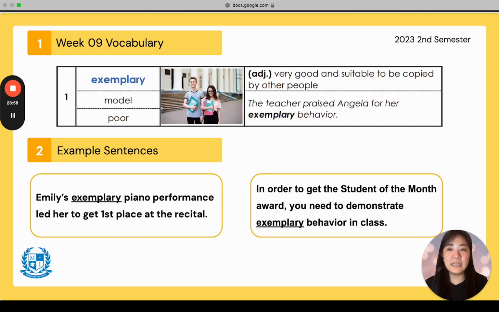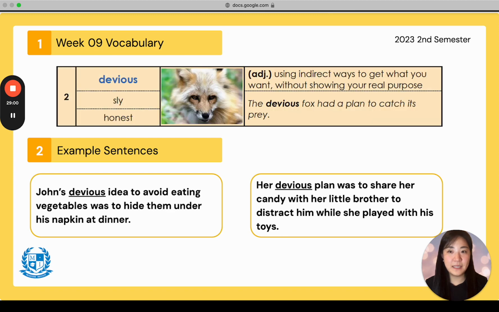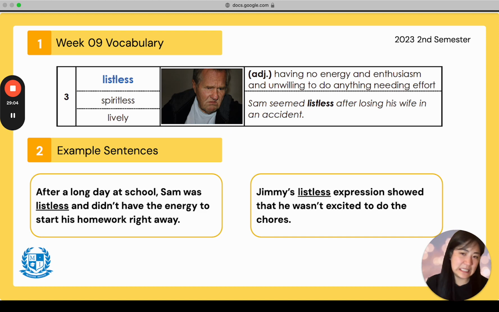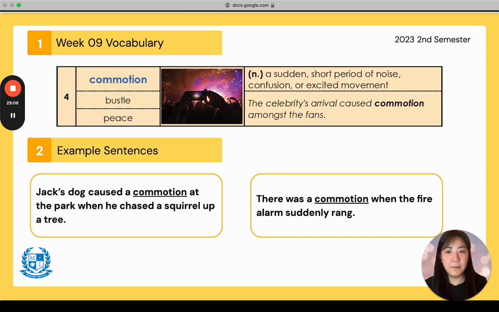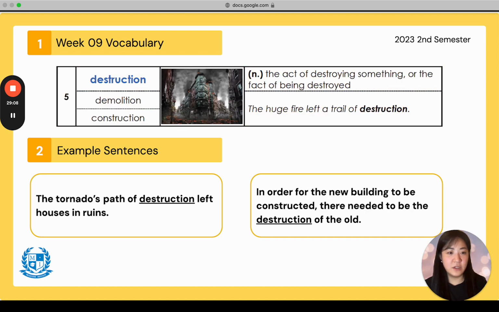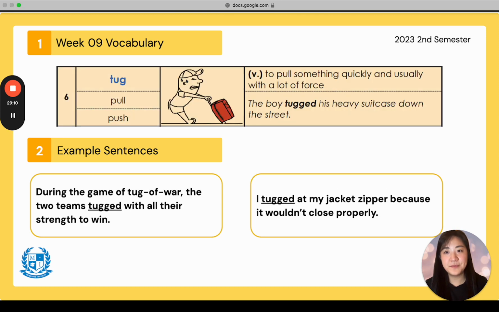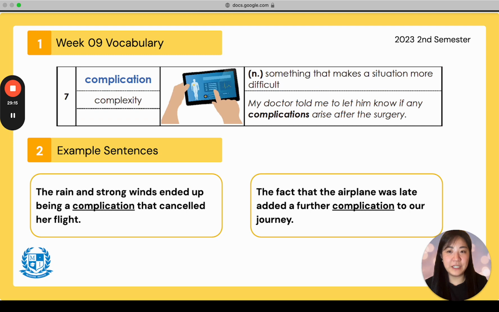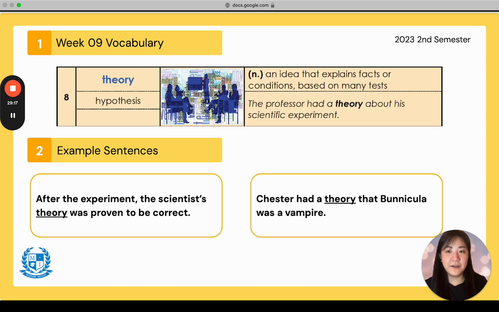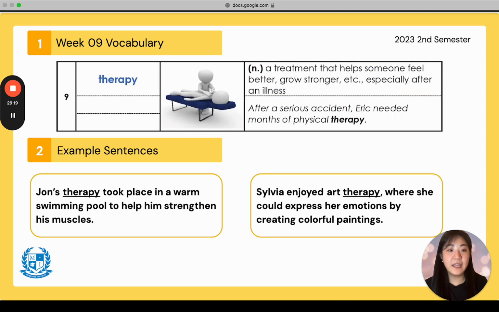Repeat after me. Exemplary. Devious. Listless. Commotion. Destruction. Tug. Complication. Theory. Therapy.